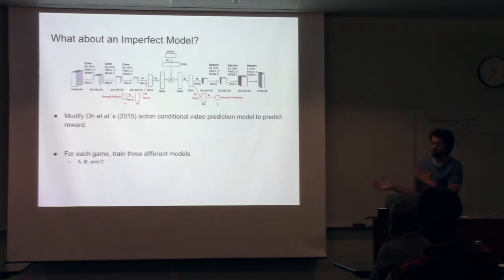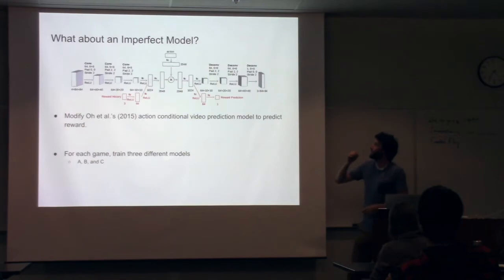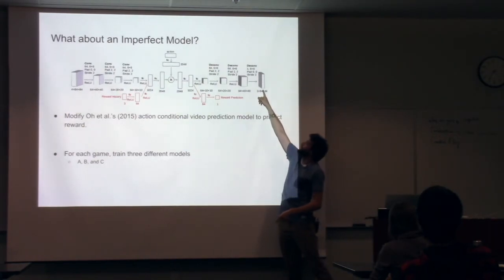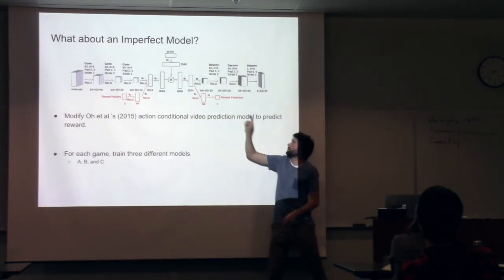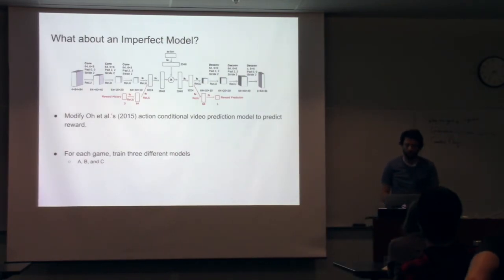So that was with a perfect model, a second copy of the emulator. Can we do it with an imperfect model, a model that was learned from experience? To do this, we extended Oh et al.'s action conditional prediction model. Now instead of just predicting the next frame, we predict the next reward as well.